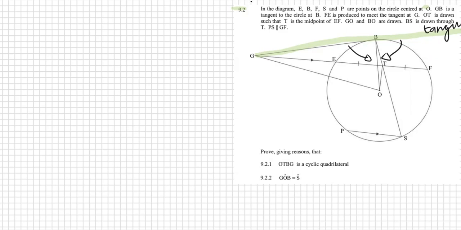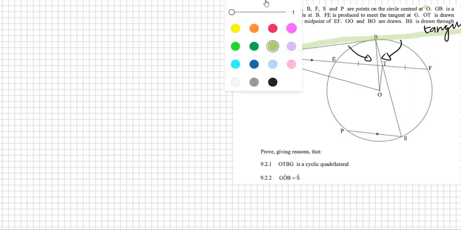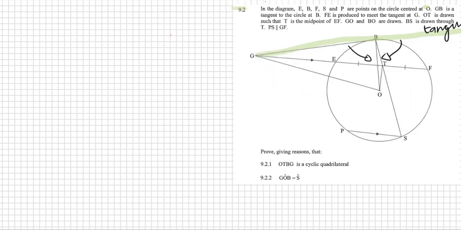What else is given? FE is produced, and produced just means straight line. Every time you see the word produced, it is a straight line. So FE is produced to G. So FEG is a straight line.